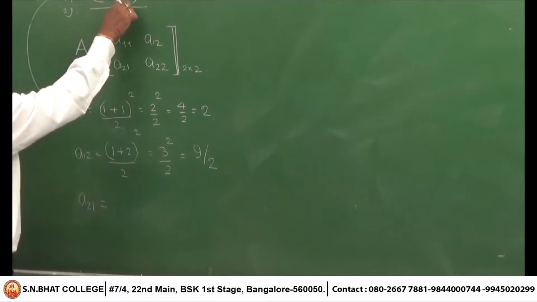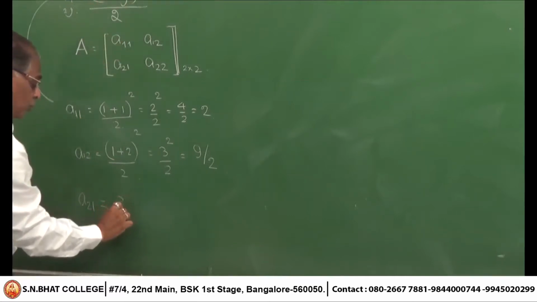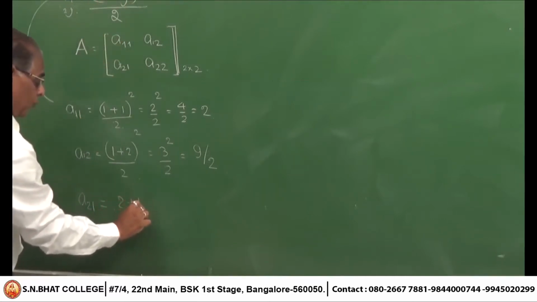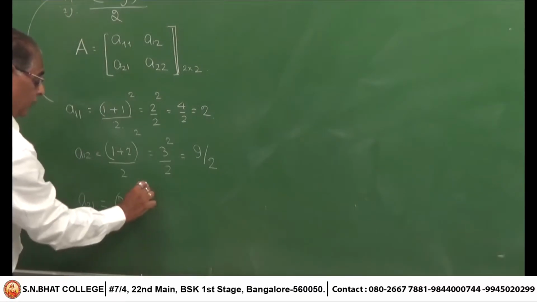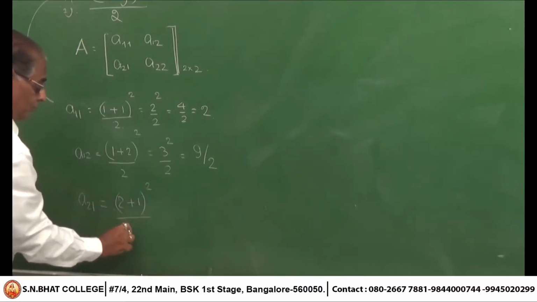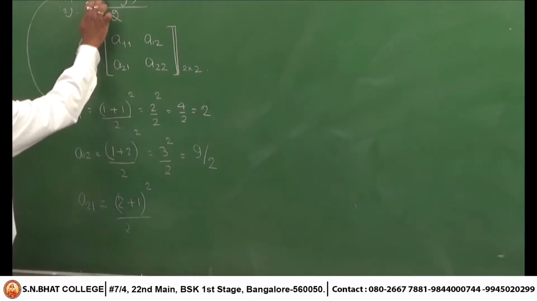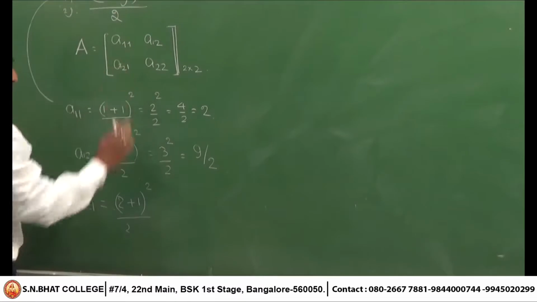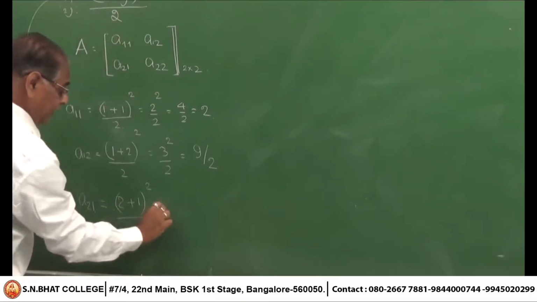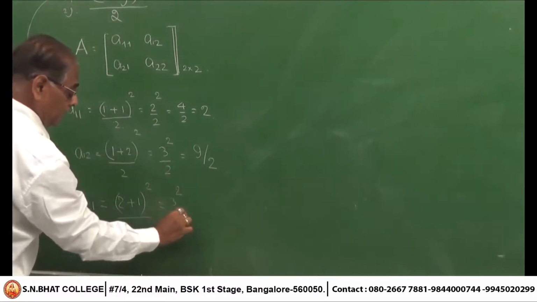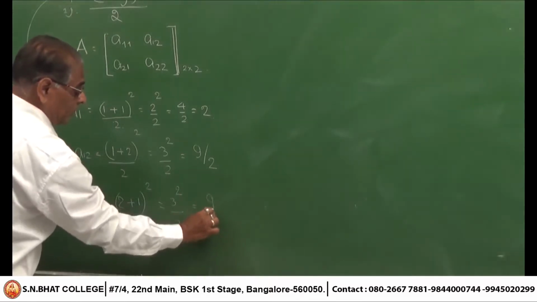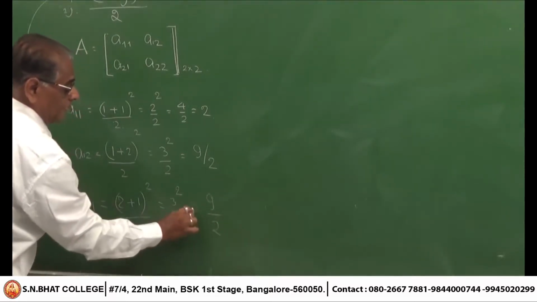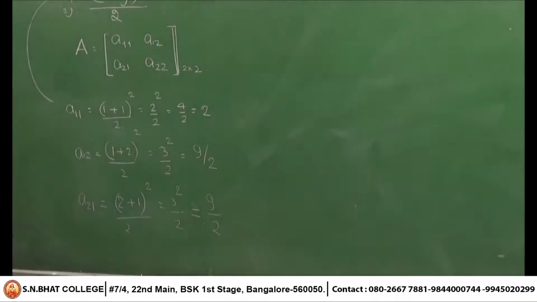This becomes 2 plus 1 whole square by 2. This is 3 square by 2. This is nothing but 9 by 2. This is the third element A21.